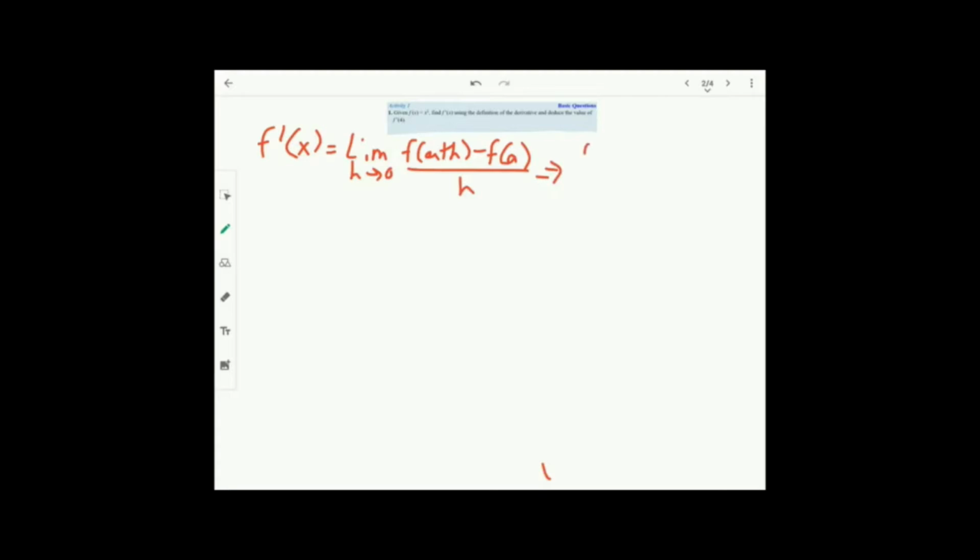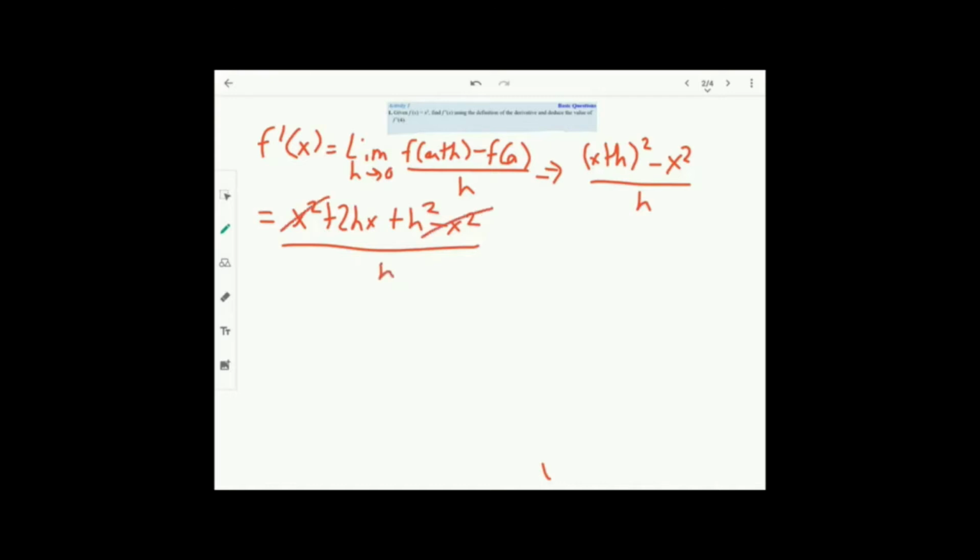You get (x plus h) squared minus x squared over h. You get x squared plus 2hx plus h squared minus x squared over h. The x squared cancels. If we take the h out, we get this, this and this.